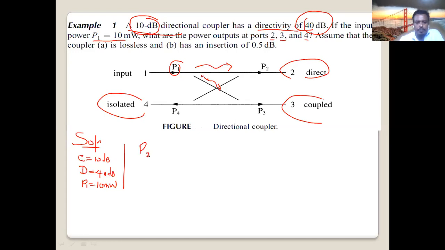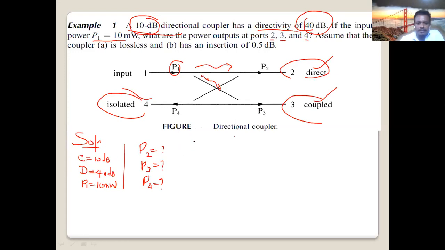What is P2? How much power is transmitted directly? How much power goes in the right direction, the coupled port? And how much power goes in the wrong direction, P4? That's what we are going to calculate now.